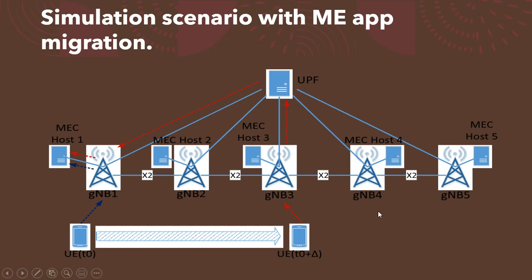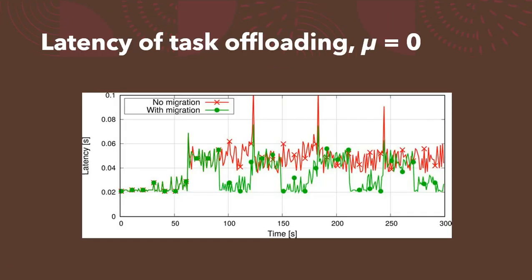Moreover, we model the processing time at the MEC host, which depends on the cycles per bit necessary for processing and the processing capacity of the MEC host, between one base station and another. Now we have the latency of task offloading, where we take I_u equal to 0.